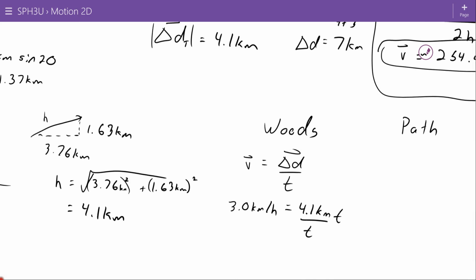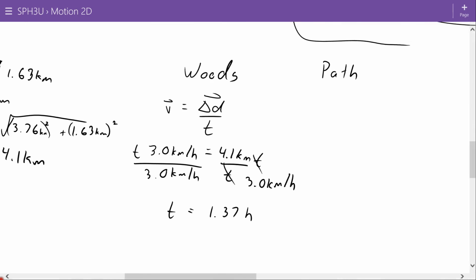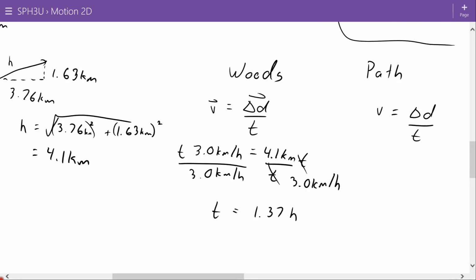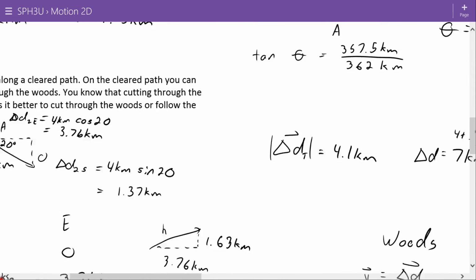Should be clear at this point. If you have a variable on the bottom, multiply both sides by the variable. Divide both sides by 3.0 kilometers per hour. And t works out to be here 1.37 hours. Alternatively, if we go on the path, now I can travel at a speed of 4.8 kilometers an hour.